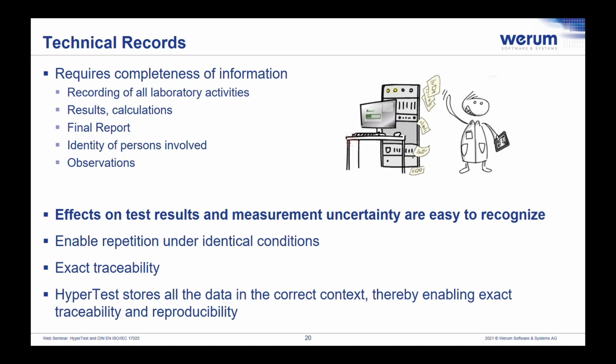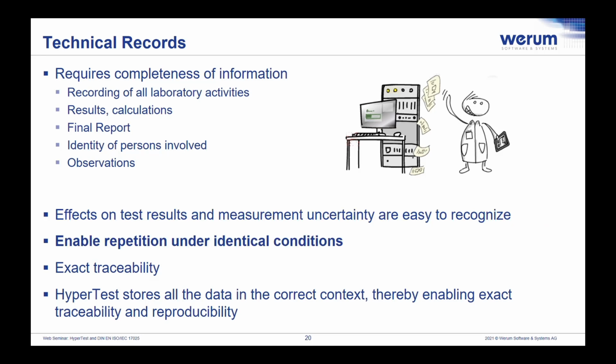Any effect on test results and measurement uncertainty should be easy to recognize. It must be possible to repeat a test under the same conditions. And finally, the standard calls for exact traceability.